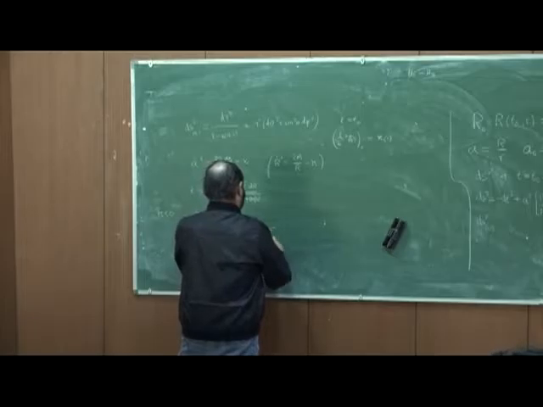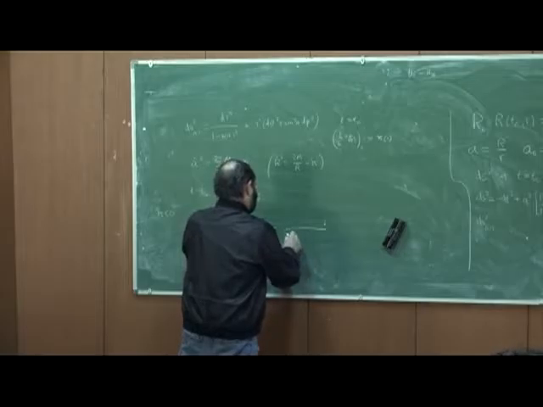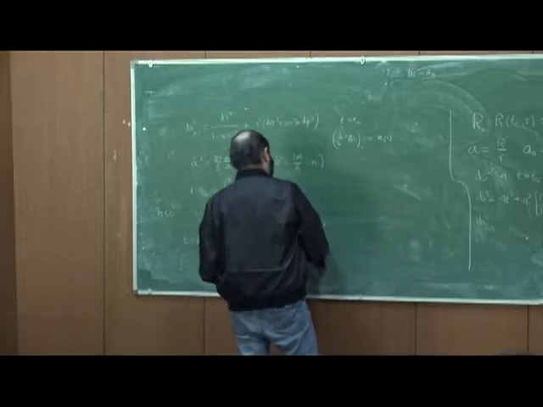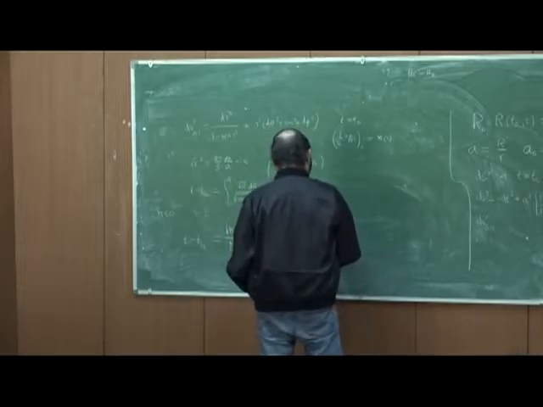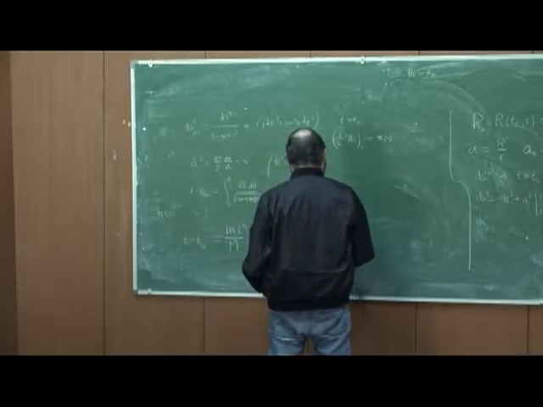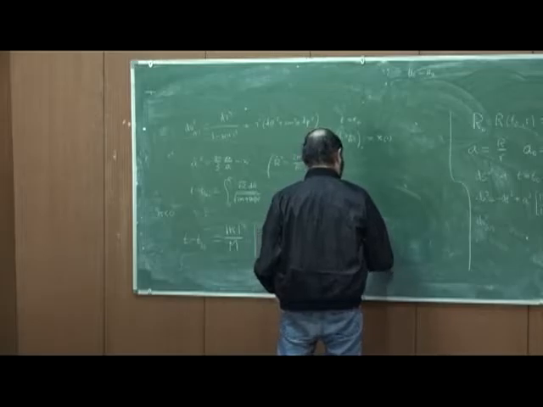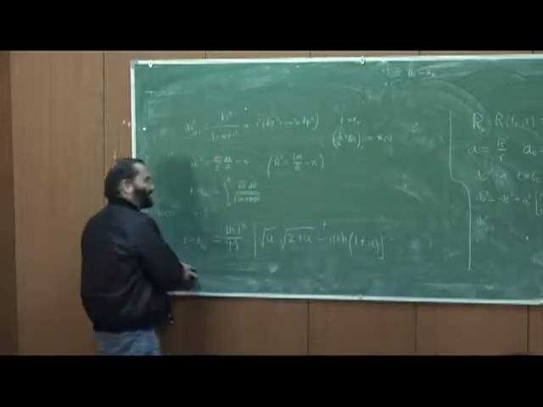Times square root of. Is this okay? These are given in your notes, and you can also obtain them from the parametric solutions by eliminating the parameter. Can people see?